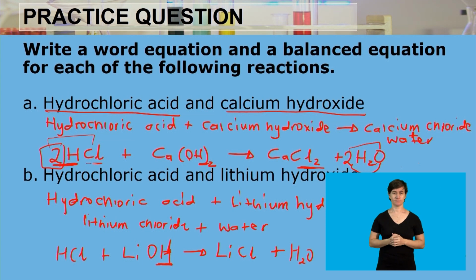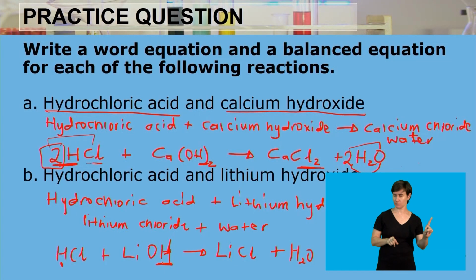So having done that, we now need to balance the equation and see if the number of atoms are equal on the left-hand side and also on the right-hand side. Start counting. Hydrogens, 1, 1. So there's 2 hydrogens on the left-hand side. On the right-hand side, that 2 goes for only those hydrogens, so there's 2. Hydrogen is balanced. Chlorine, we have 1 chlorine on the left-hand side and also 1 chlorine on the right-hand side.